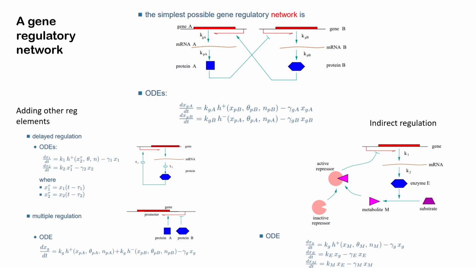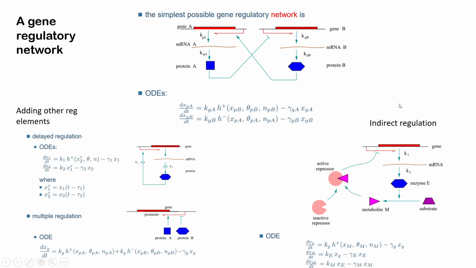Then the protein is eligible to influence the gene, or the regulatory mechanism. That also you can model. I'm not going into the details. This is a little bit complex, so I'll not go much into the details. I'll just show you what you can do with these equations. So you can add this time delay, and you can just substitute that in these equations, and you can get an ODE.